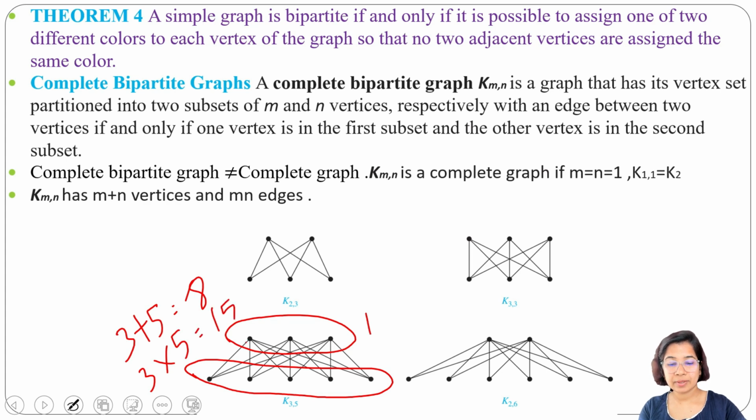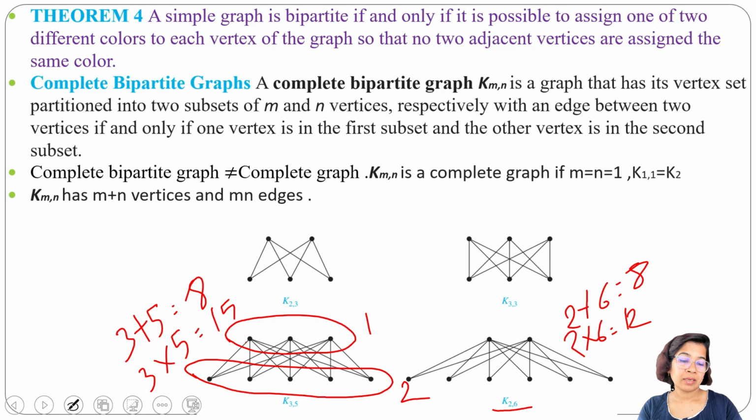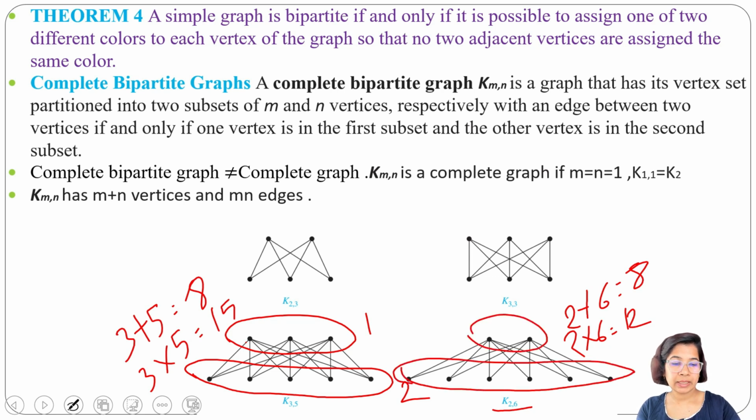This is our first subset, this is our second subset. Every vertex of the first subset is adjacent to all 5 vertices of the second subset. Next is K(2,6). In total there are 2 plus 6, 8 vertices, and 2 times 6, 12 edges. This is one subset, this is the other subset. These two vertices are adjacent to all 6 vertices of the other group.